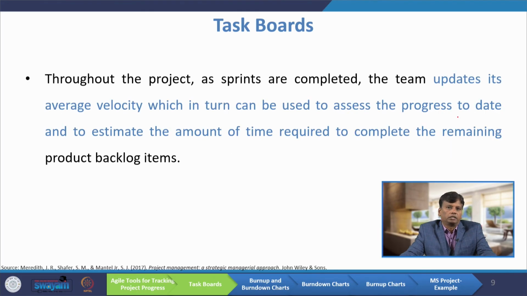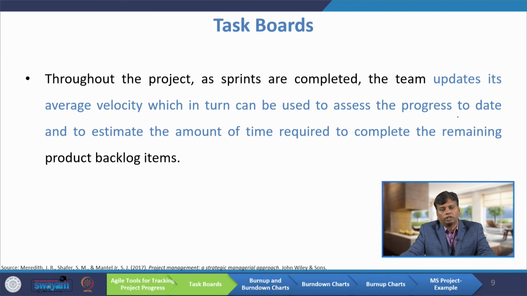Throughout the project, as sprints are completed, the team updates its average velocity, which in turn can be used to assess the progress to date and to estimate the amount of time required to complete the remaining product backlog items.